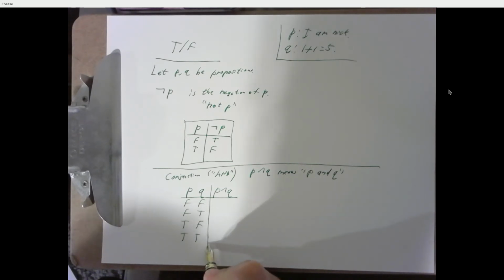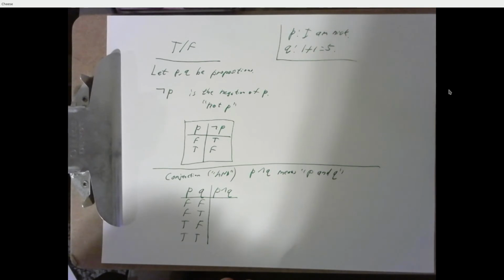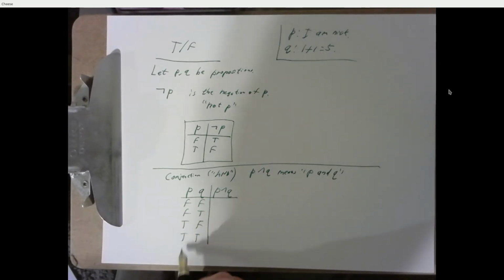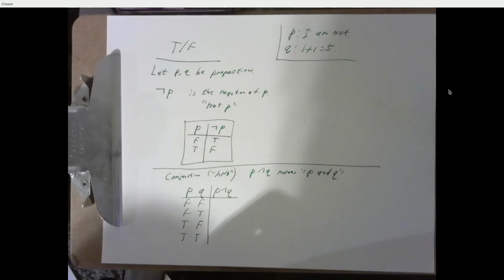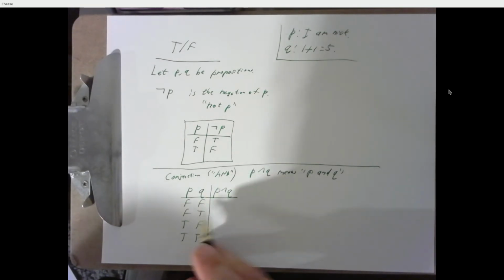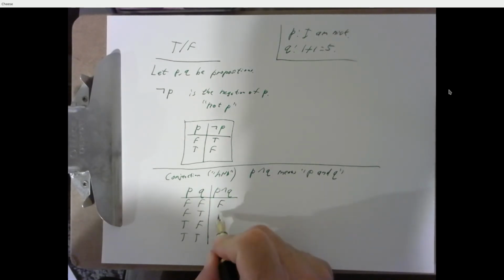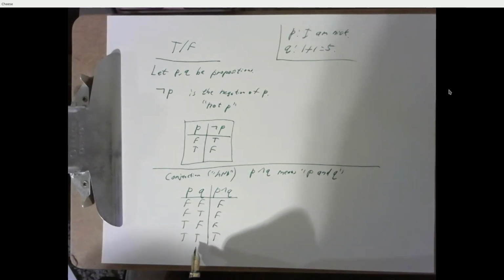And those are the only 4 possibilities. Whatever propositions P and Q represent, exactly one of these 4 conditions will be true. And we can list what the conjunction of P and Q is in each of these cases, and it turns out to be false in most cases. But if P is true and Q is true, then P and Q is also true, and otherwise it's false.